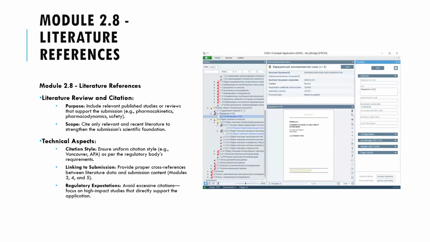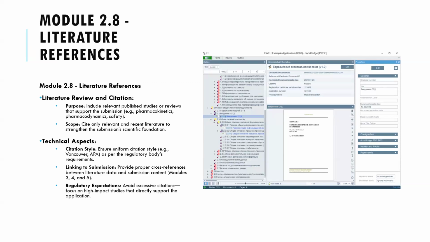And the last one is your module 2.8, which is literature references. All the literature review and citations are provided in module 2.8. The purpose of providing literature review and citation is to include relevant published data or reviews that support the submission. Example, pharmacokinetics, pharmacodynamics, or safety data.